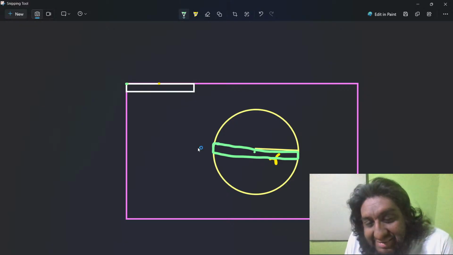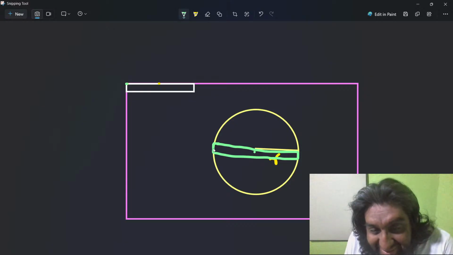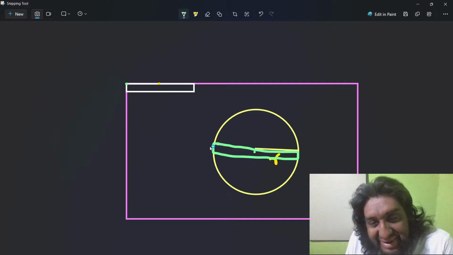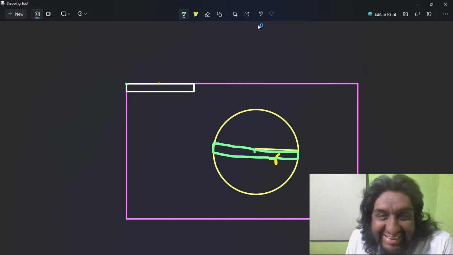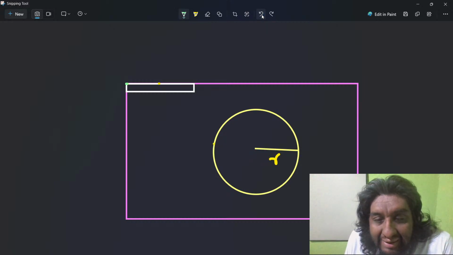I'm hesitating to believe my eyes because there is no way that a straight line fits into a curve.